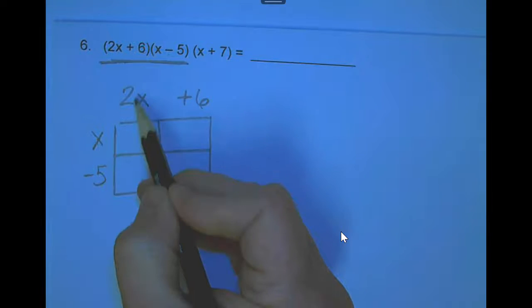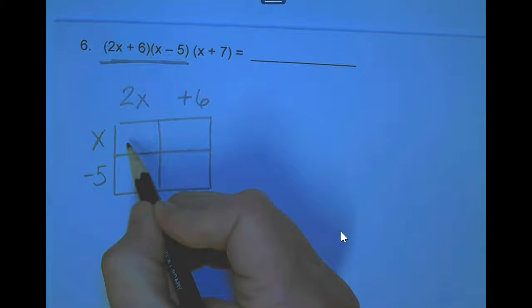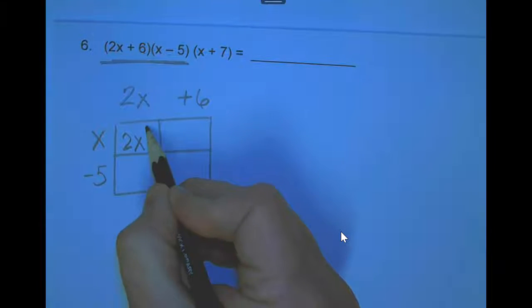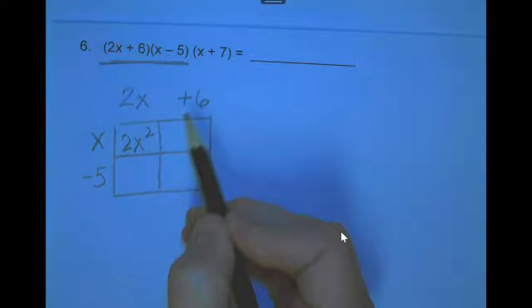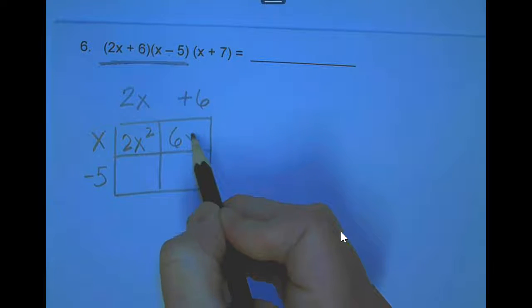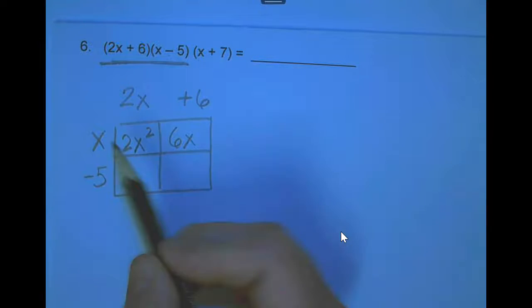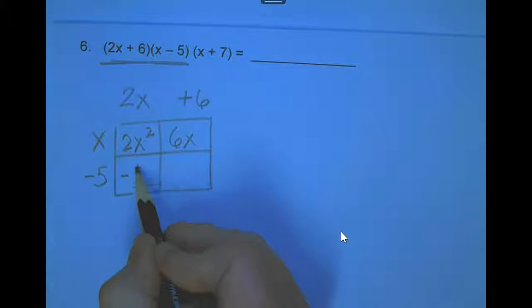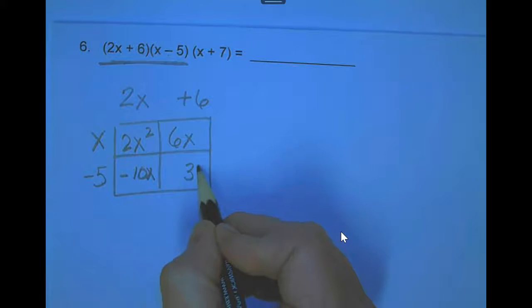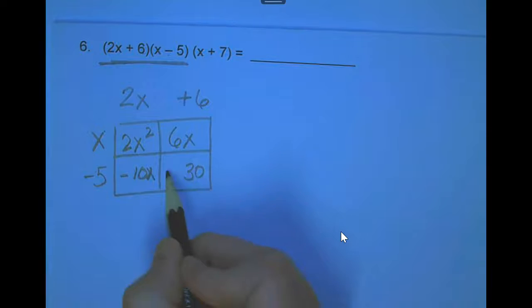Multiply these 2 together. 2x times another x is 2x squared. 6 times x. 5 times 2. Since the 5 is negative, this will be a negative 10x. 5 times 6 is 30. Positive times negative is a negative.